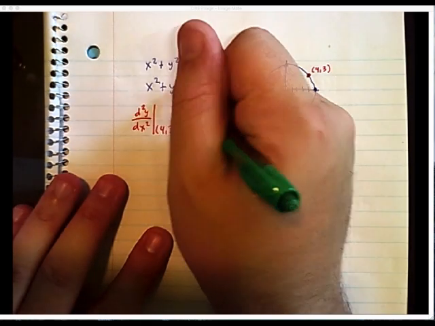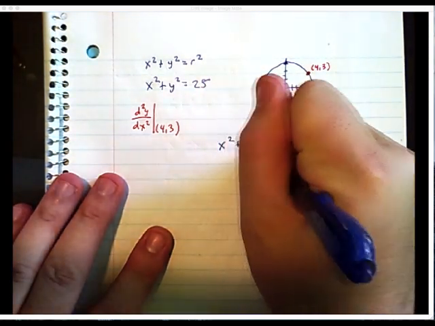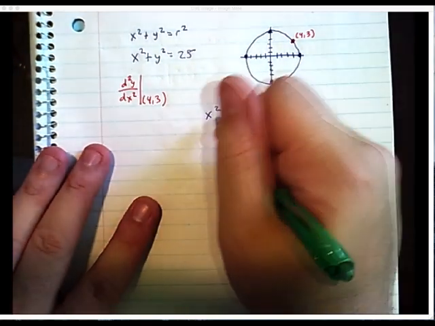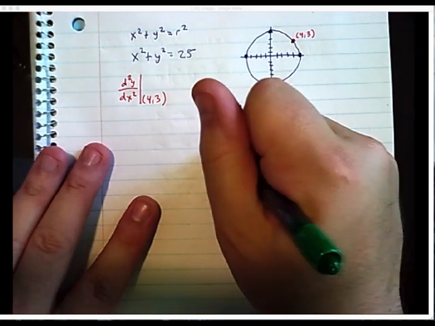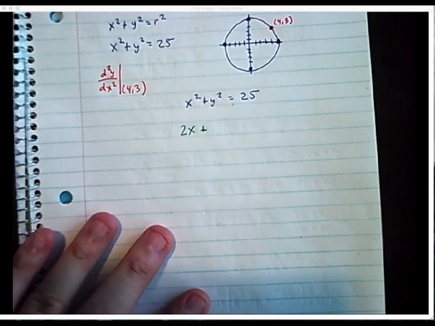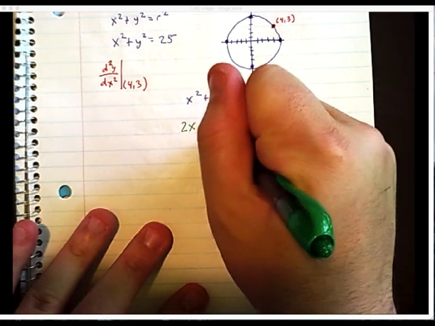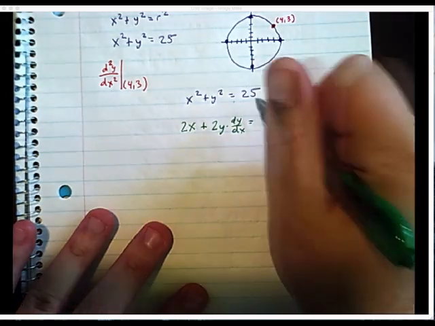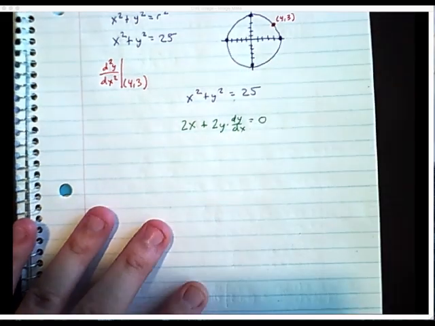So here's my relation: x squared plus y squared equals 25. Take derivatives. The derivative of x squared is simply 2x. The derivative of y squared would be 2y, but I have to put on a dy over dx. The derivative of a constant is 0.